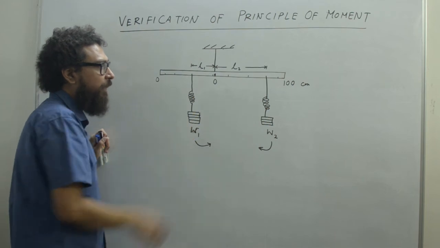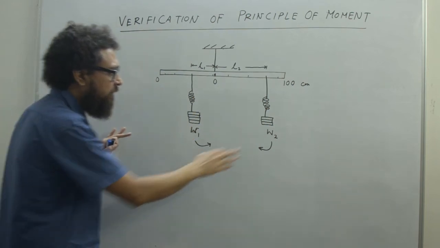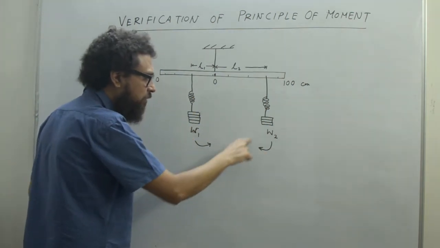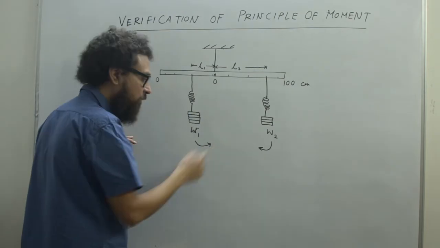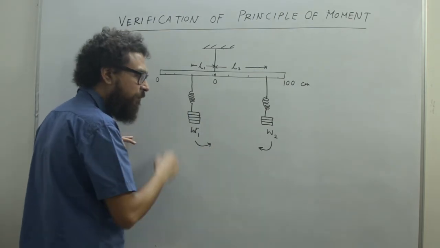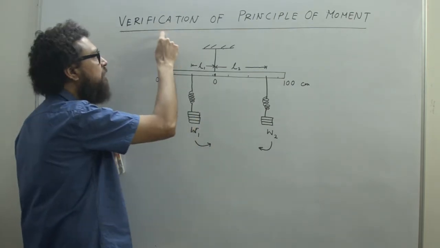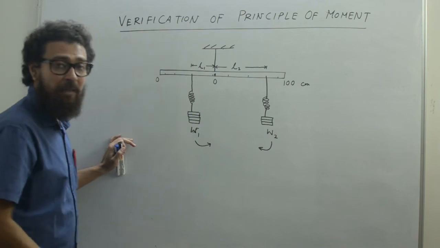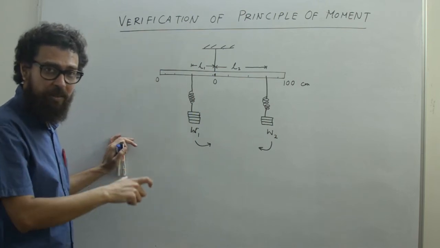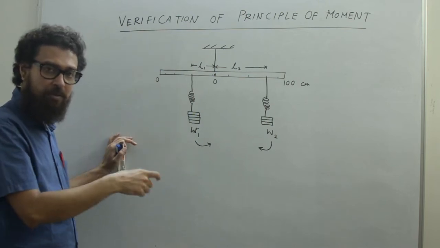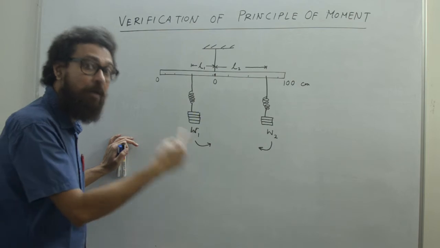So you can see W2 is giving us the clockwise effect, and W1 is giving us the anti-clockwise effect. What is the principle of moment? At equilibrium, the sum of all the moments in the anti-clockwise direction is equal to the sum of all the moments in the clockwise direction.